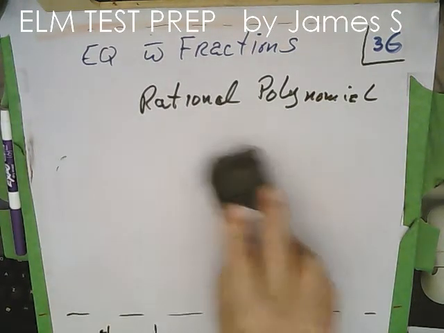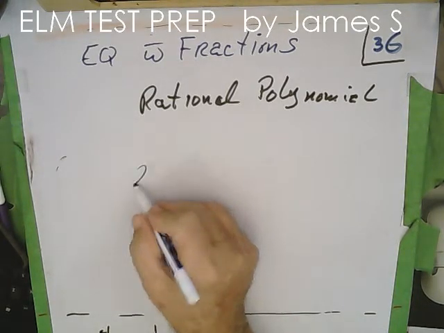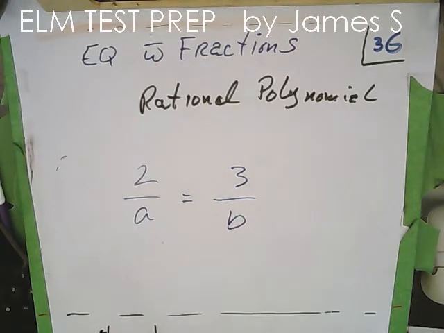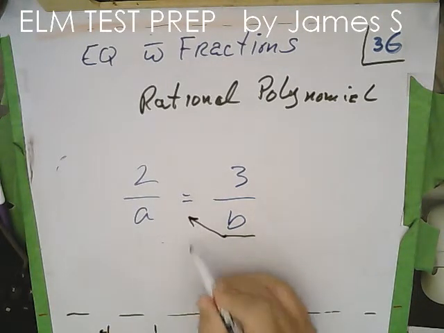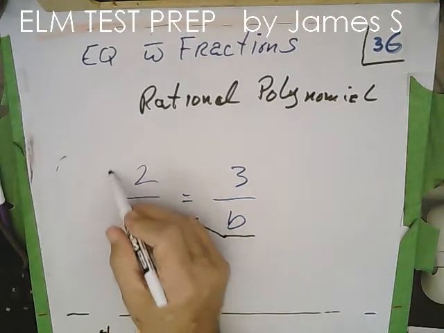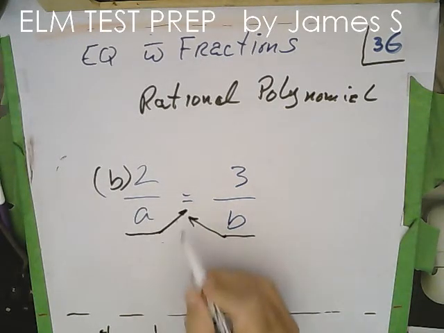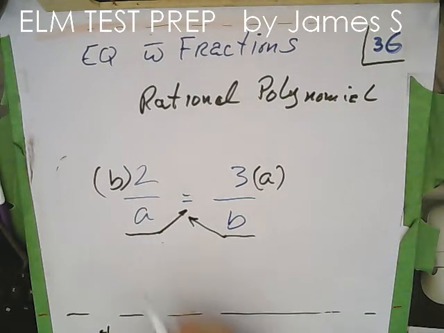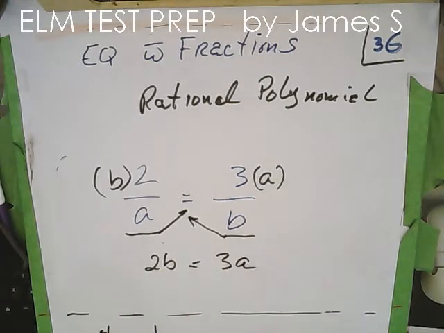Let's look at another way of thinking about this. I could simply say this term crosses over and multiplies over here, and this term crosses over and multiplies over here, leaving me with 2b equals 3a.